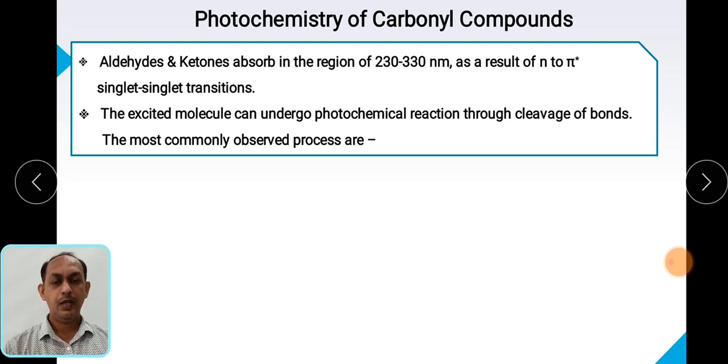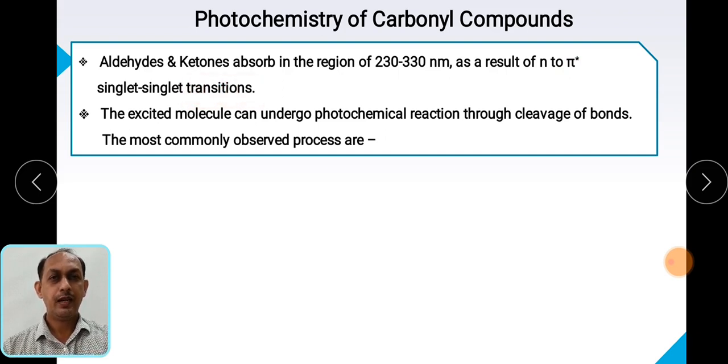So due to which we can expect various excitation like sigma to sigma star, pi to pi star, or n to sigma star. So as we know that aldehyde and ketones can absorb in between 230 to 330 nanometer because of the carbonyl group, and there exists n to pi star transitions, which basically takes place in the singlet to singlet transitions.